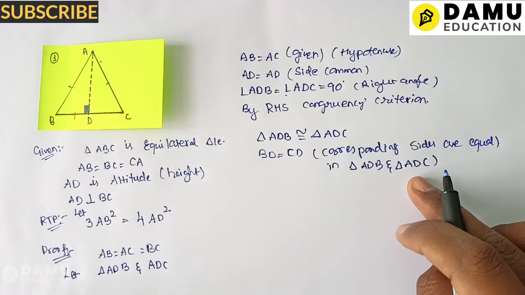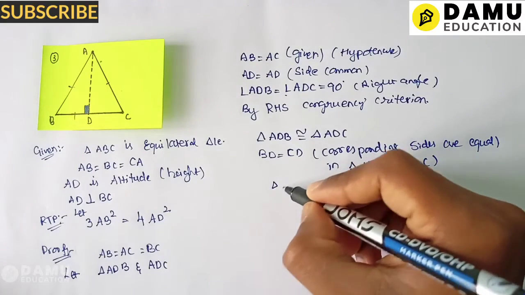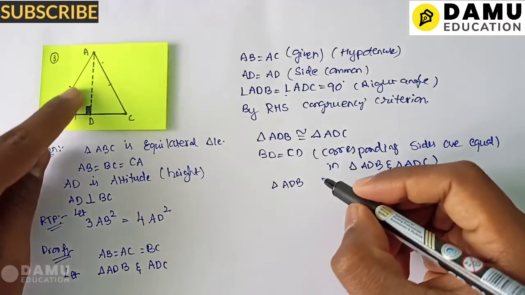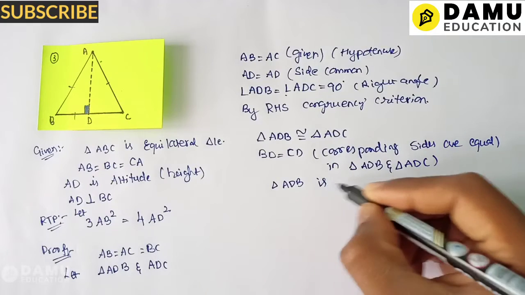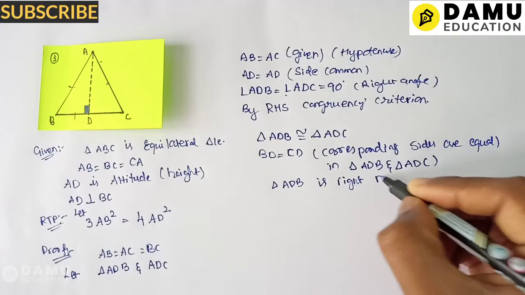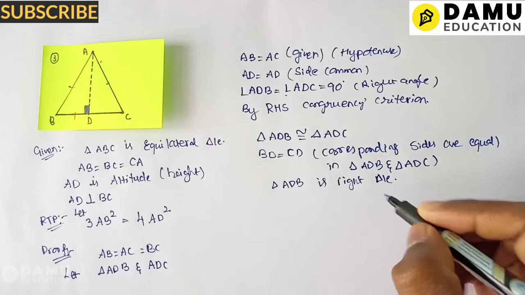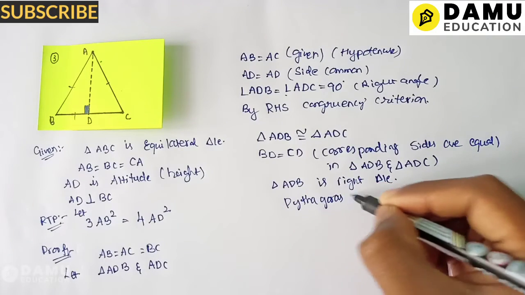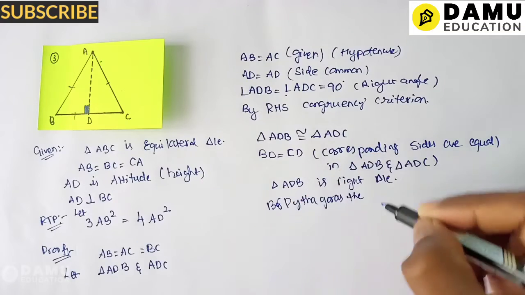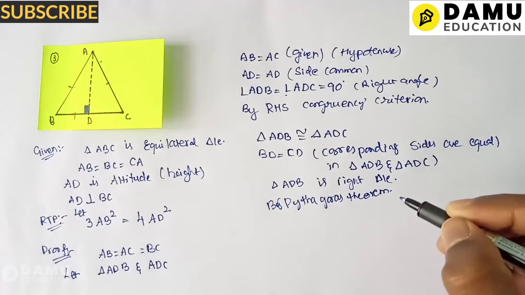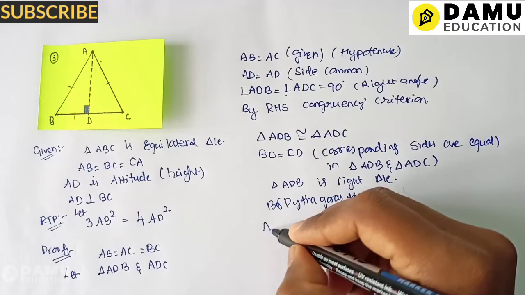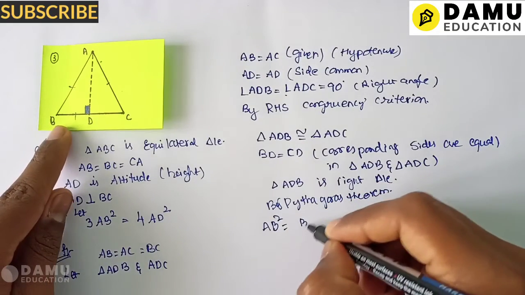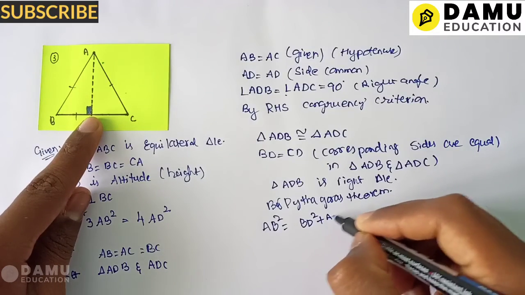Let's consider triangle ADB. It is a right triangle. So by the Pythagoras theorem, we can write AB square will be equal to the sum of BD square plus AD square.